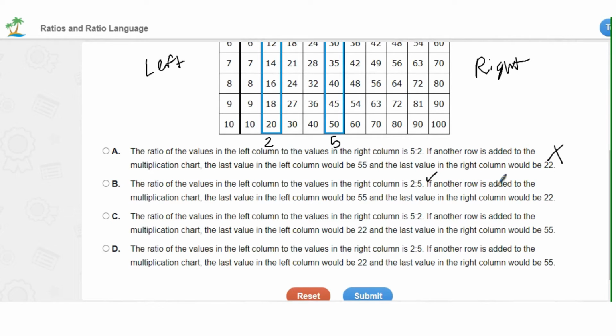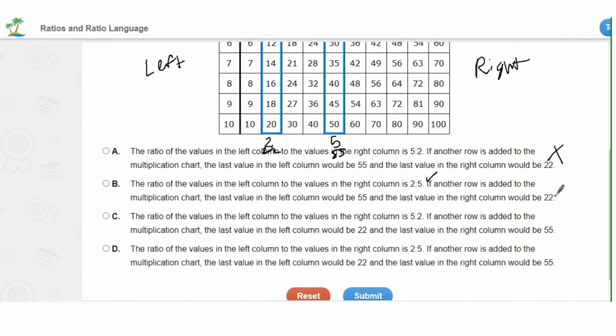If another row is added to the multiplication chart, the last value in the left column, that's this one right here, will be 55, and the last value in the right will be 22. Well, left will actually be 22, and the right will be going by 5, so it'll be 55. So this column is going by 2s, this column is going by 5s.